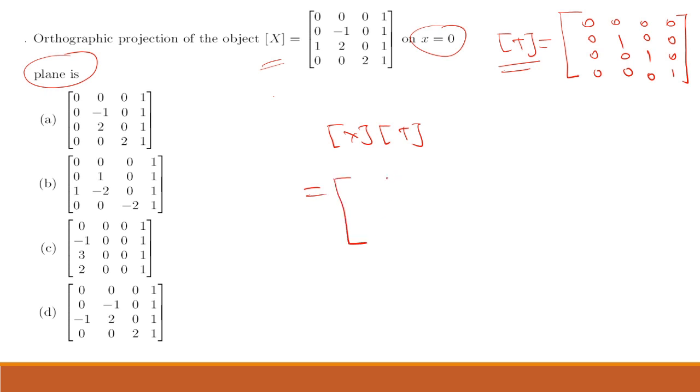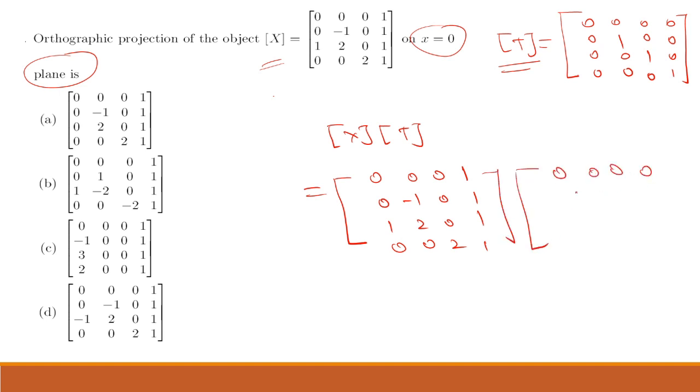Now what is our object? Our object is 0 0 0 1, 0 minus 1 0 1, 1 2 0 1, 0 0 2 1. And the transformation matrix is all 0 in the first row, then 0 1 0 0, 0 0 1 0 and 0 0 0 1. Now just do this multiplication, so this will give the result.